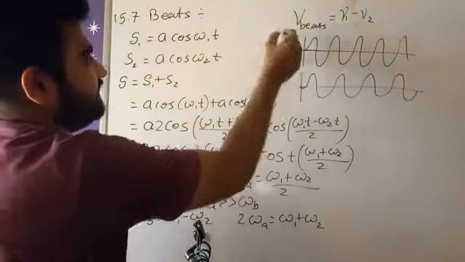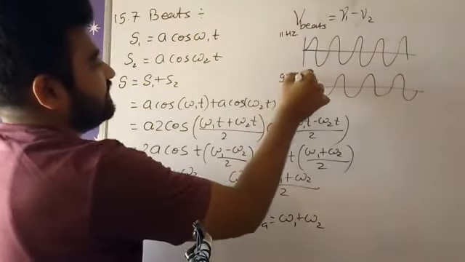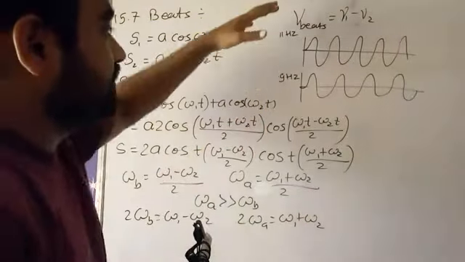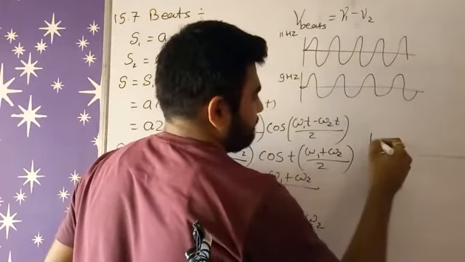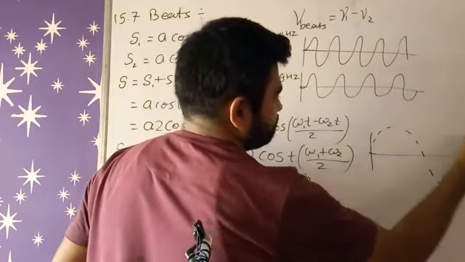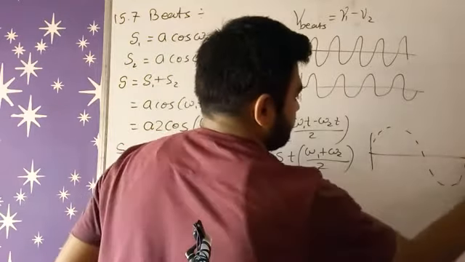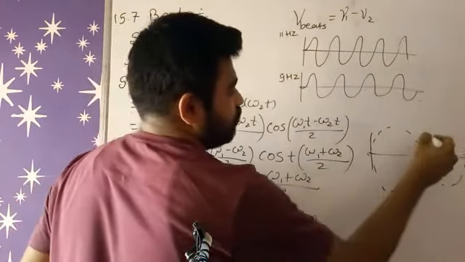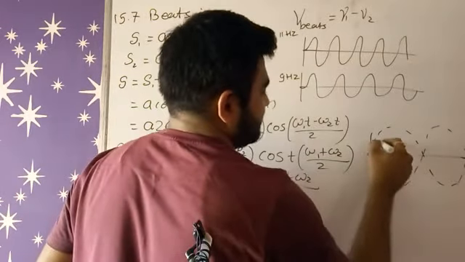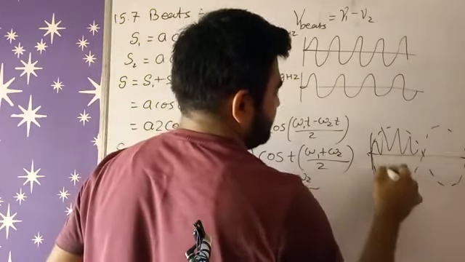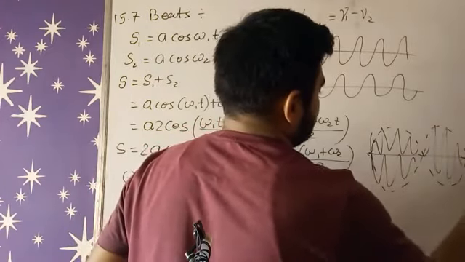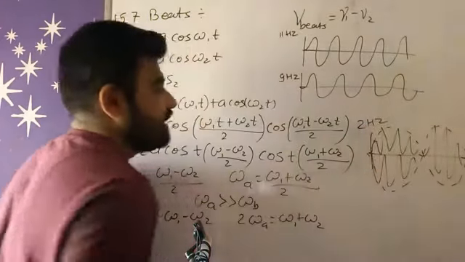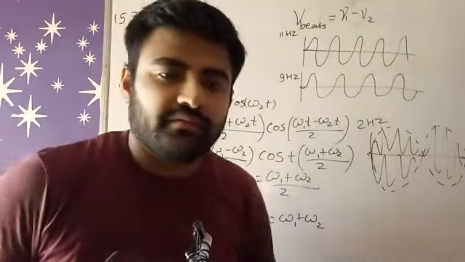So this is 11 hertz, this is 9 hertz, and when they combine, we get only 2 hertz, and inside that there are little small frequencies. So this is of 2 hertz, and this is called the beats of this frequency, right?